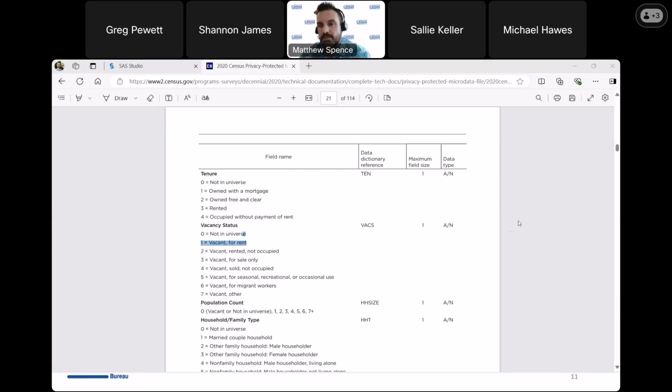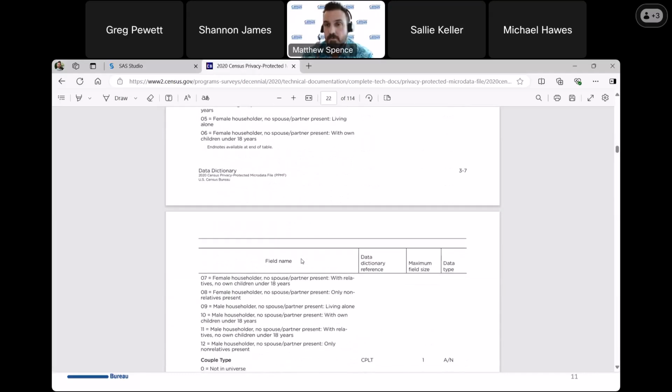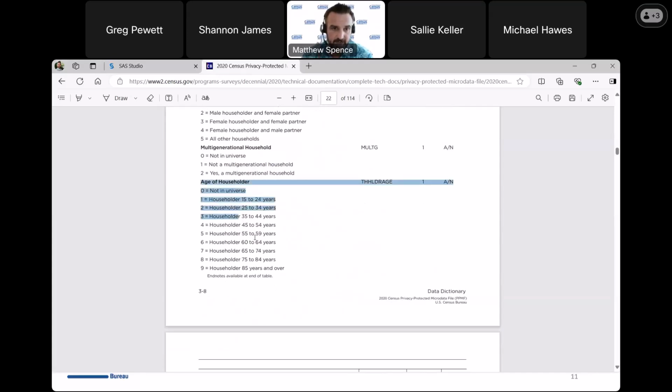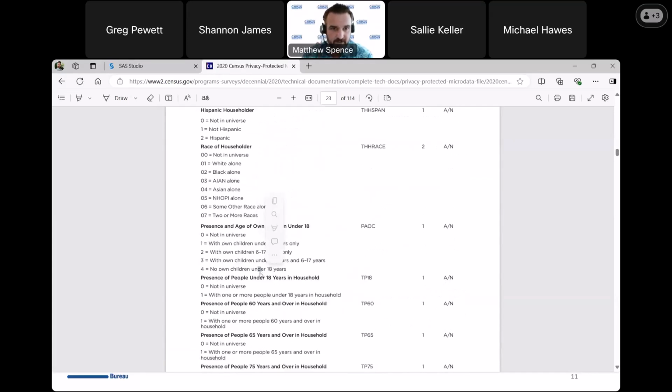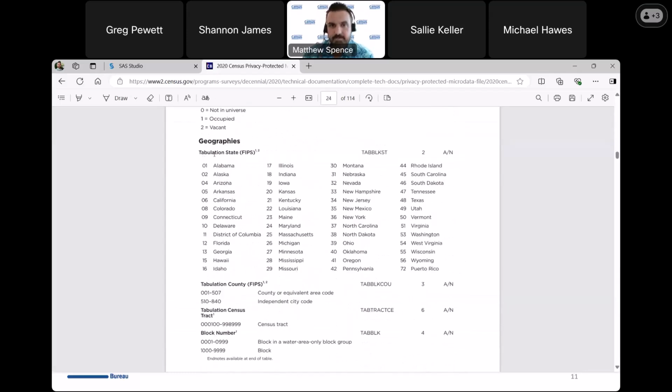Oh, and one thing, going back to Jim's question back at 311. If you scroll down, we were showing the person variables, we were showing the housing unit variables. You can see all kinds of great variables in the housing unit file. If you keep going down, you'll get to geographies. Geographies are all of the geographic variables. These geographies are available on both the person file and the housing unit file. So tabulation state will be on both, for example.